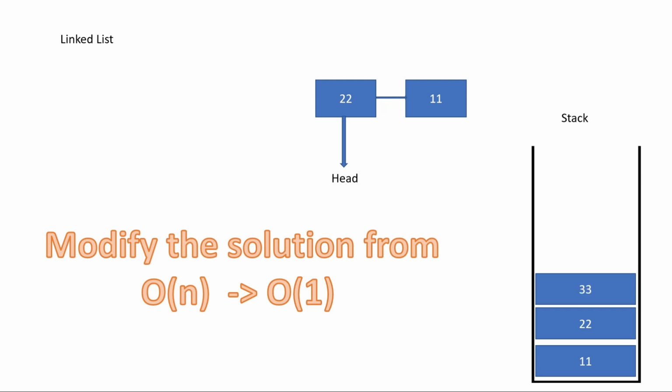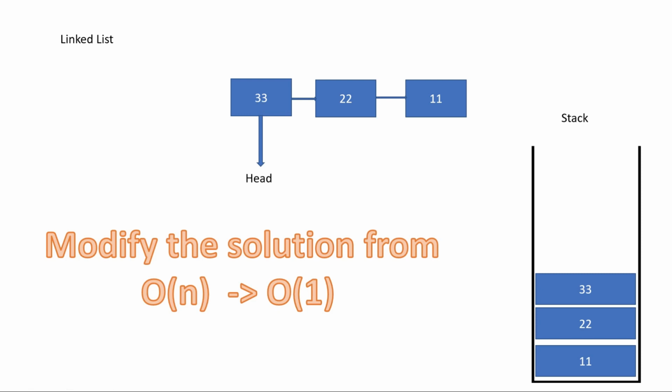So I am pushing again 33. In the same way, I will insert 33 in front of 22, then I will remove 22 as the head and make 33 our new head. So what benefit are we getting in this approach? Suppose now we know this 33 is our new head.